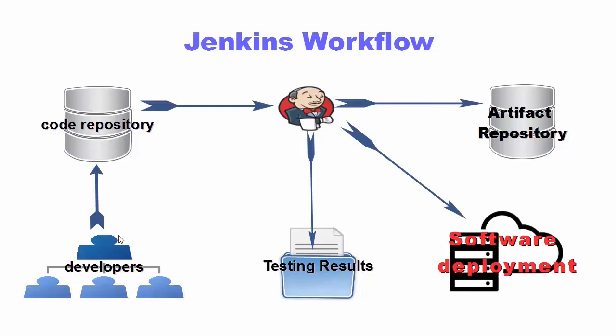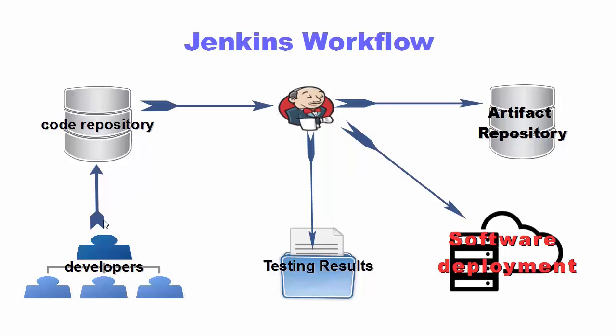So you can see here are your developers who are going to develop some code, and they are going to commit their code into the code repositories such as Mercurial or Git or Subversion, and this commit of changes of code will be automatically detected by Jenkins.